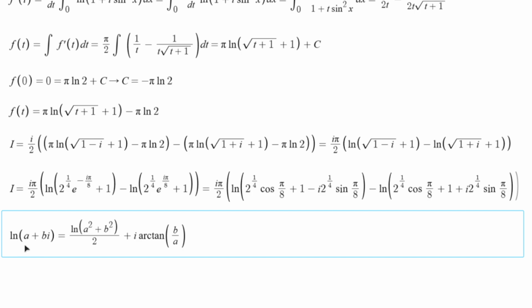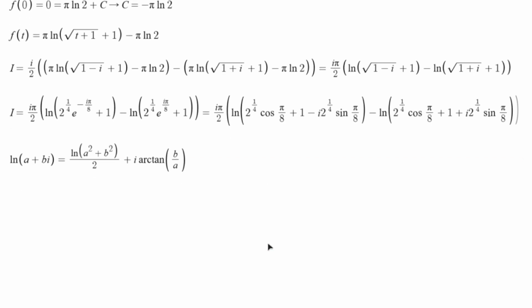So the natural log of a complex number a plus bi is equal to the natural log of a squared plus b squared, divided by 2, plus i times the arctangent of our b component divided by our a component.